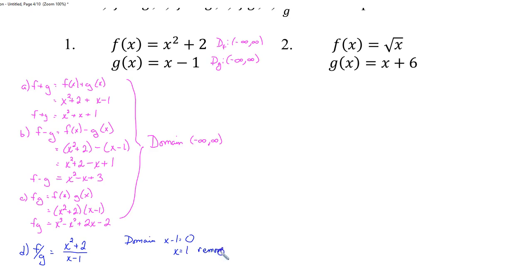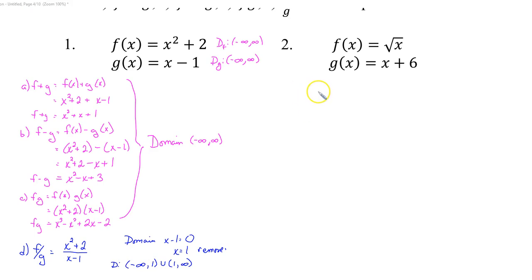We say that the domain of this function is negative infinity to 1, and then we use a union symbol to say that we're jumping the number 1, and we go from 1 to infinity. This is the domain of that quotient of functions.